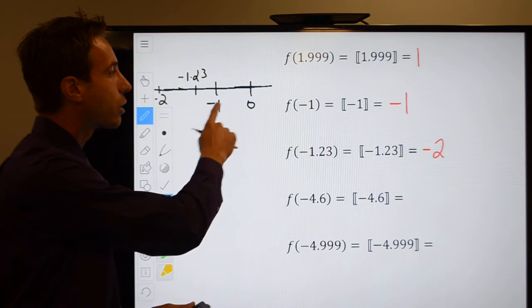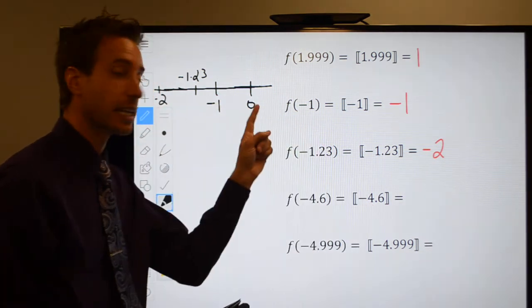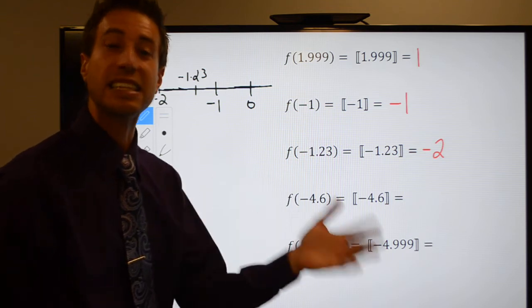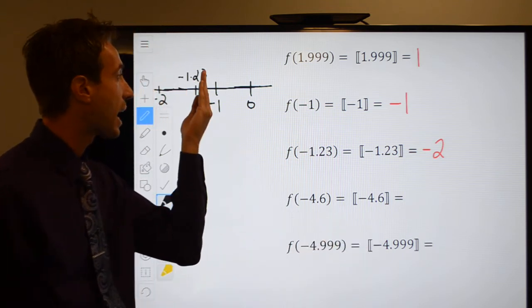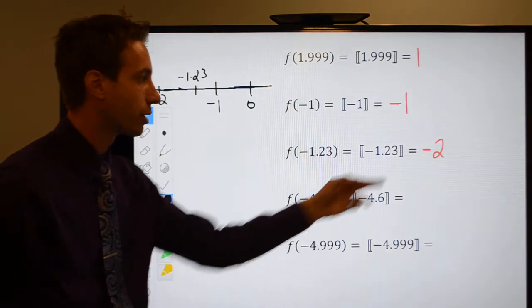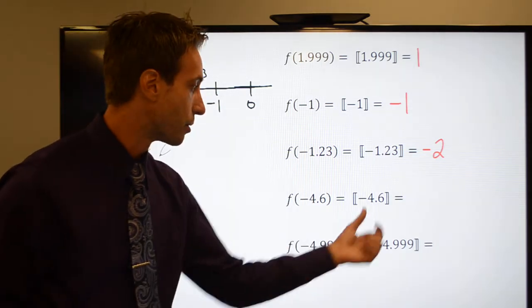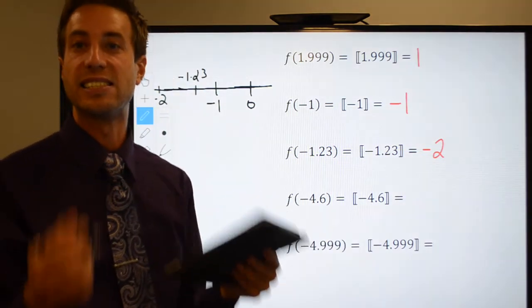If I go to negative 1, that is actually a bigger number, because I'm getting closer to 0. To be less than negative 1.23, I've got to go back to the next integer, which would be minus 2. So please be very careful when you're dealing with negative numbers like negative 4.6.